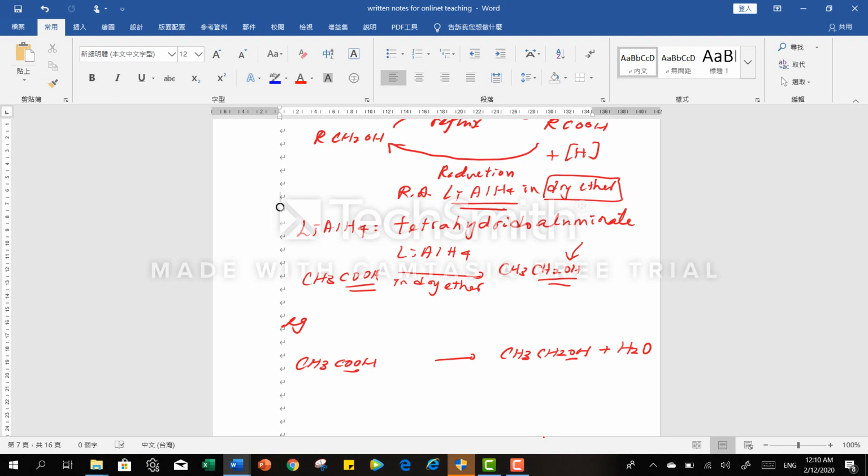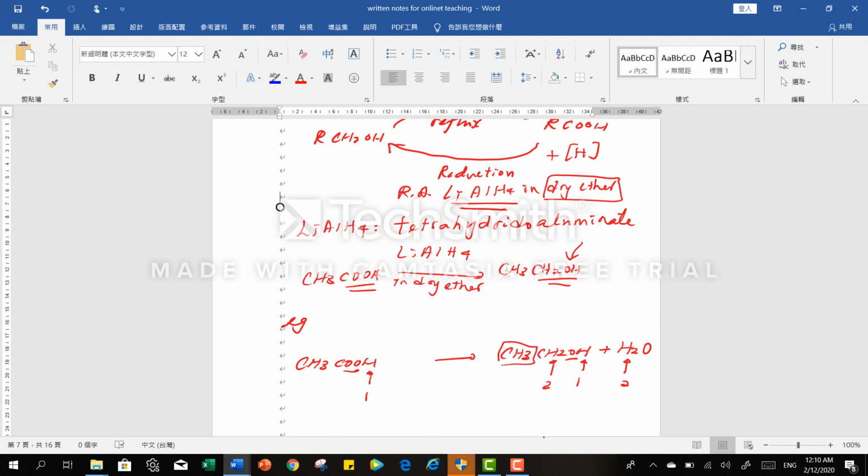So for CH3 you have 3 hydrogen, and here you only have 1. But on the other side it is 1, 2 plus this 2.